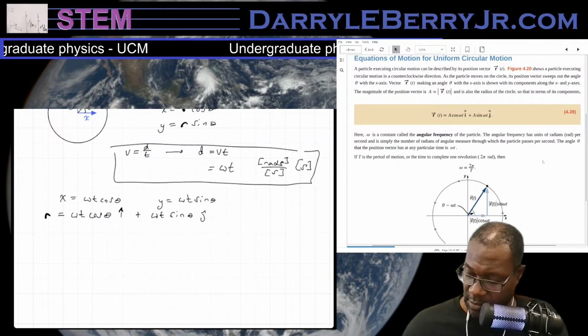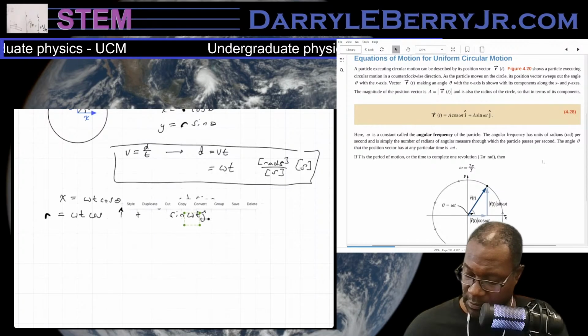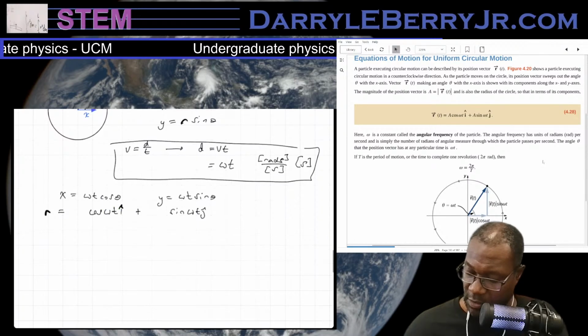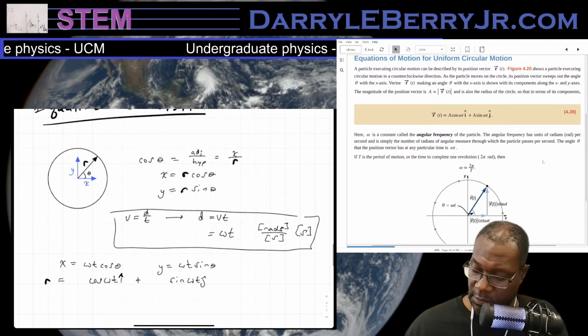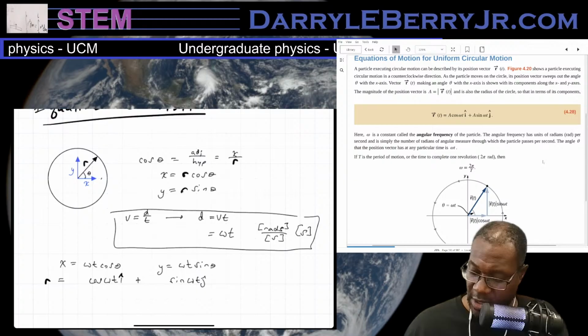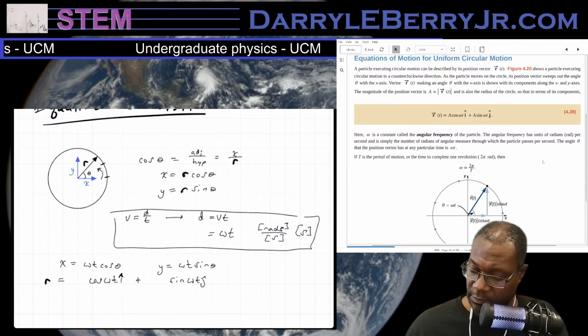distance around. So as time goes on, over so many radians, this is the distance that's covered.